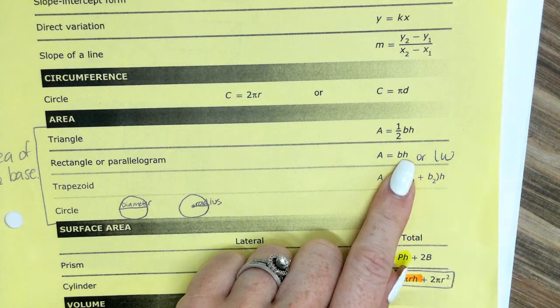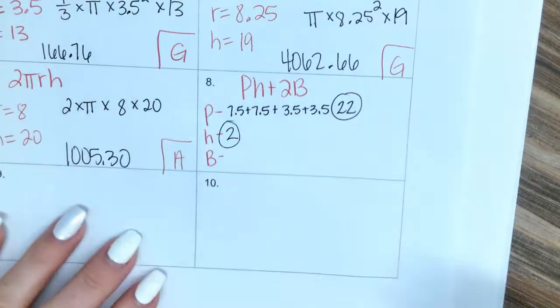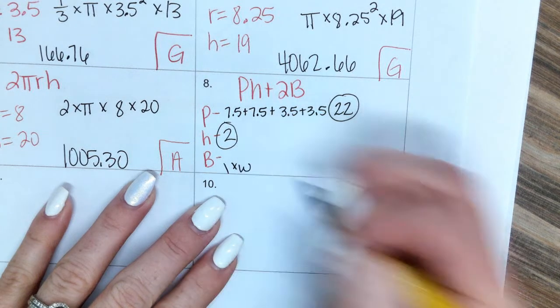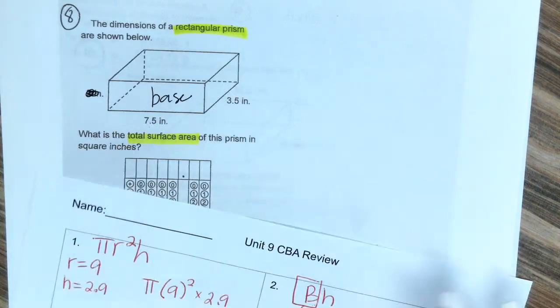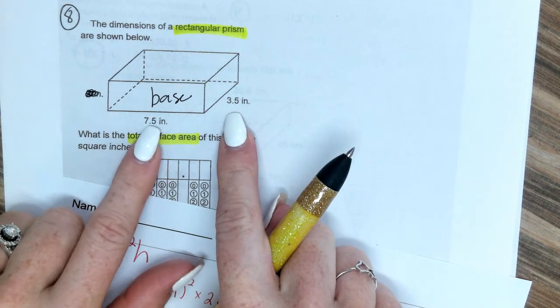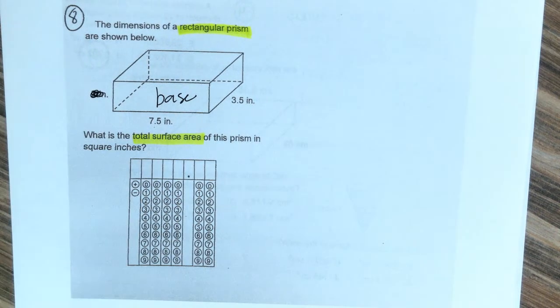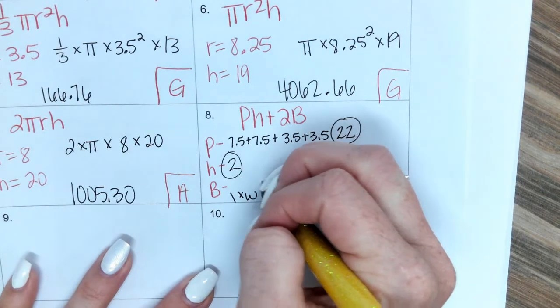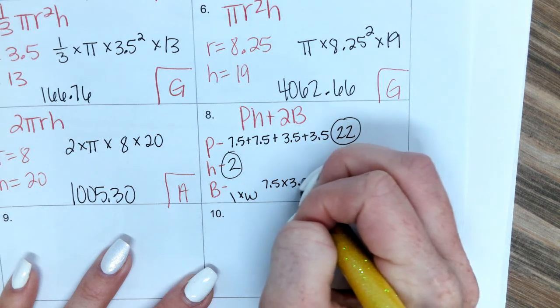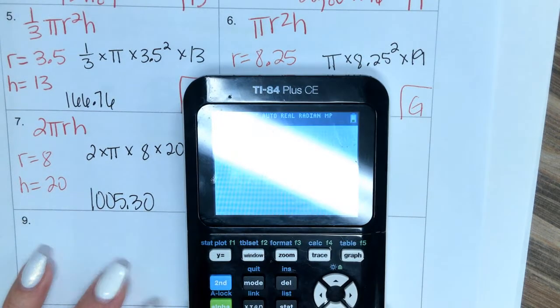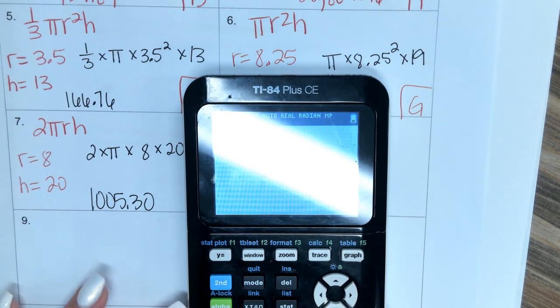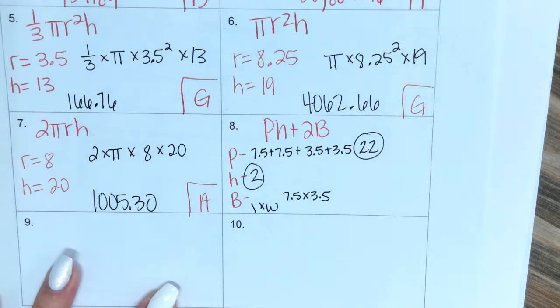Length times width. Please, please, please remember, it's just length times width. Just multiply those two numbers. 7.5 times 3.5, which is 26.25.